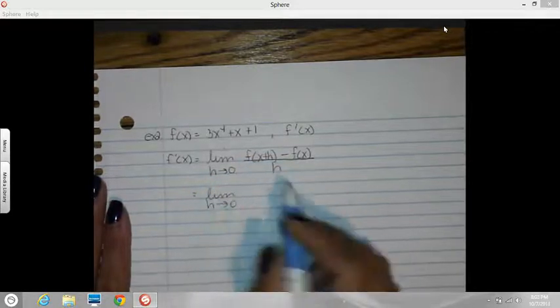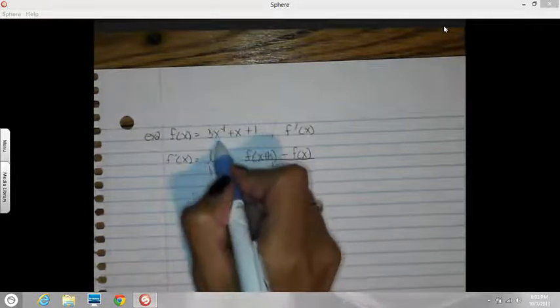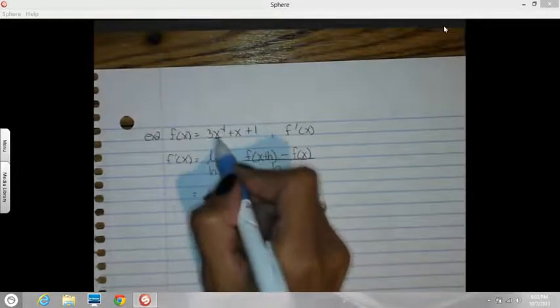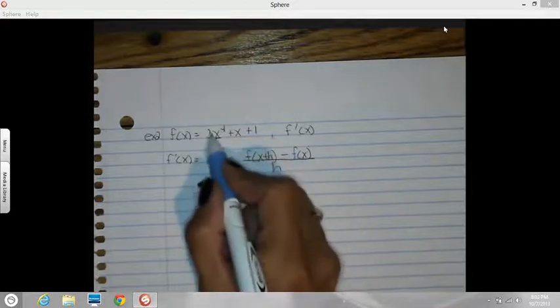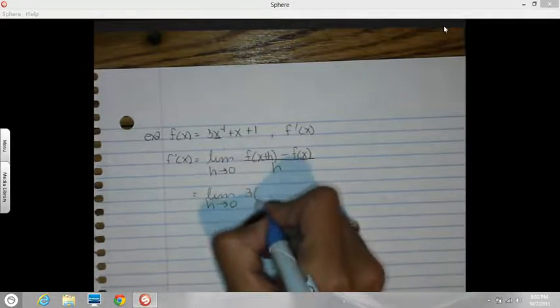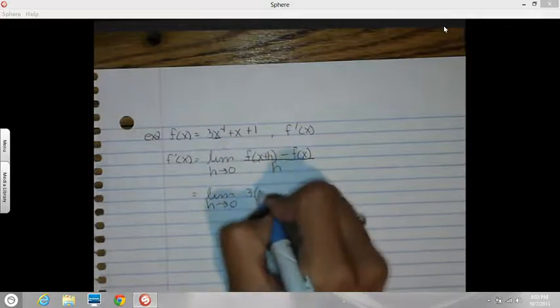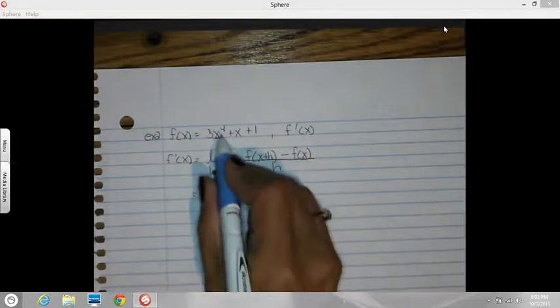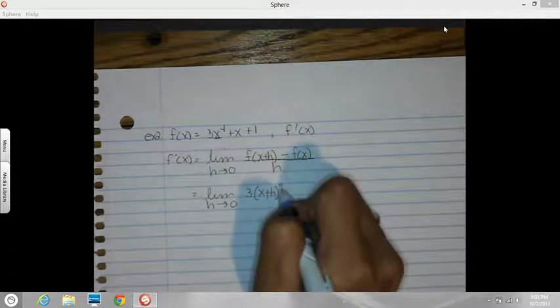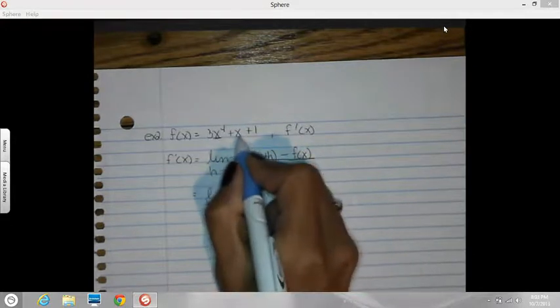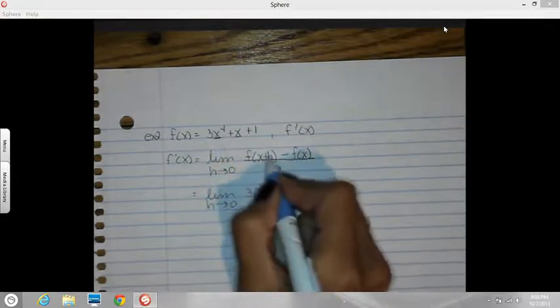So f of x plus h, what that means is, go back to the function, wherever you see an x, you're going to substitute in x plus h. So I keep the 3. In place of x, put in x plus h. That's to the 4th power. Plus, now I just substitute in what x is. X is now x plus h.